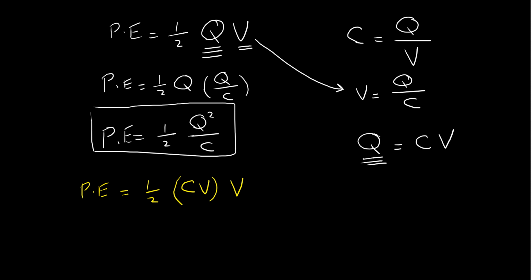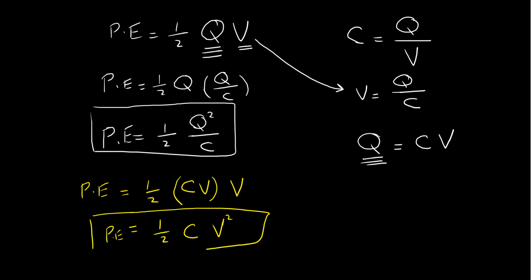And from here, we will have it as half the capacitance multiplied by the square of the potential difference. And that will be the third form of the potential energy stored in a capacitor.